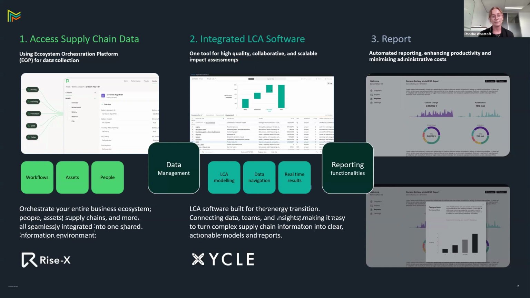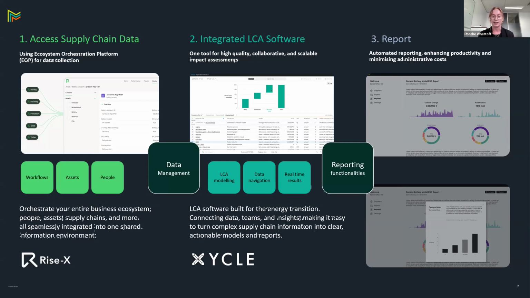Following this, we've built an API connection that goes into Minviro's LCA software, known as Cycle. This API connection will automatically generate the life cycle inventory from the primary raw material data collected from the entire supply chain of the product you want to quantify. Then you can model it into an LCA format.